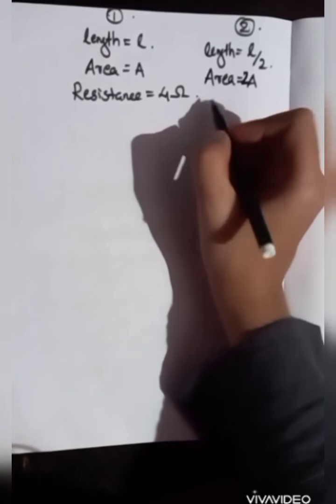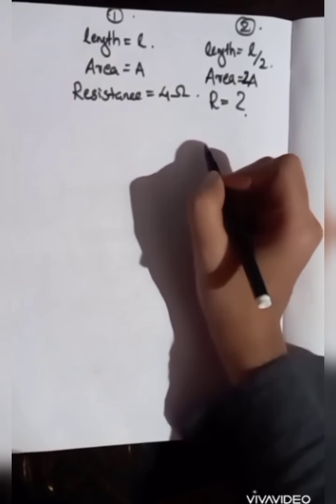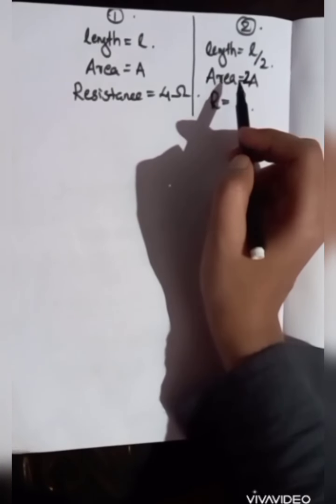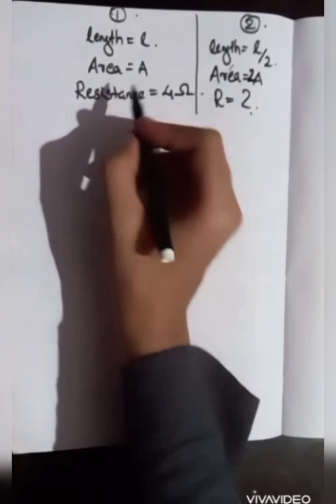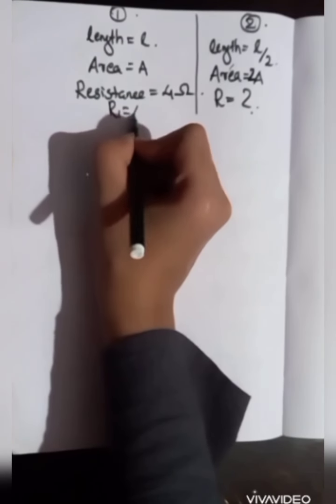Then we have to calculate the resistance of this wire. We take the first wire's resistance as R1, which is equal to 4 ohm, and the other as R2.